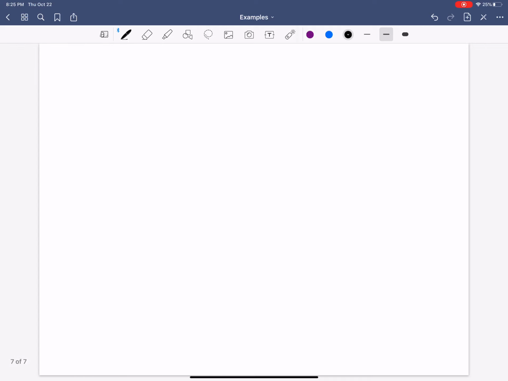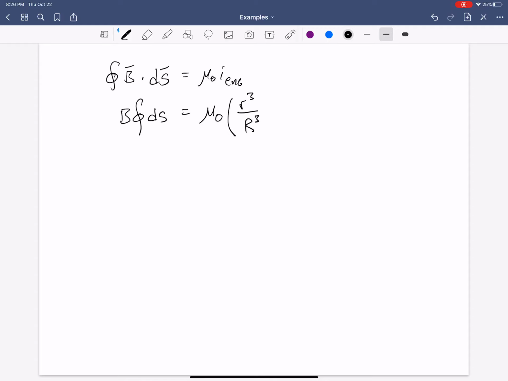Let's do it over here. We have closed integral of B dot ds equals mu naught I enclosed. All right, so in our Amperian loop, if the current stays the same or constant, the magnetic field value stays constant and can be pulled out. For I enclosed, we plug in what we just found. All right.